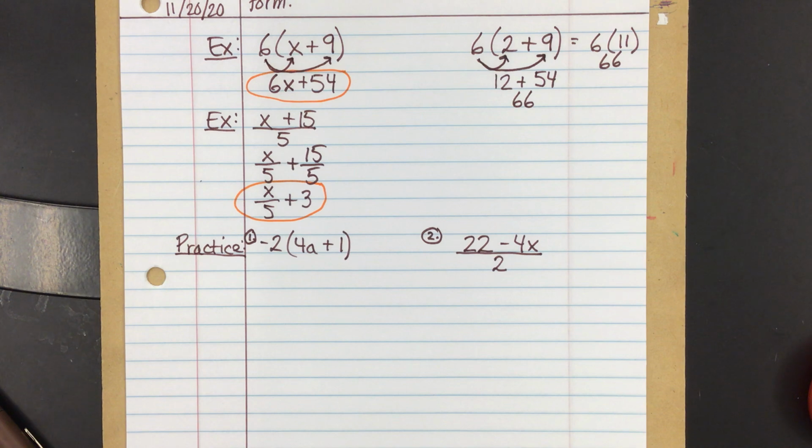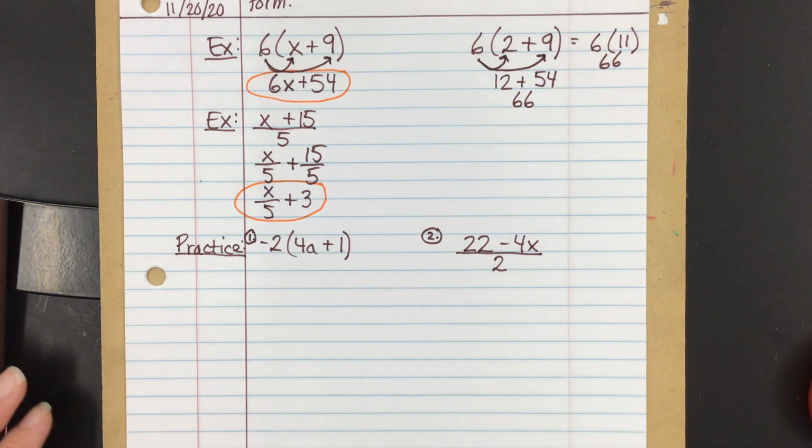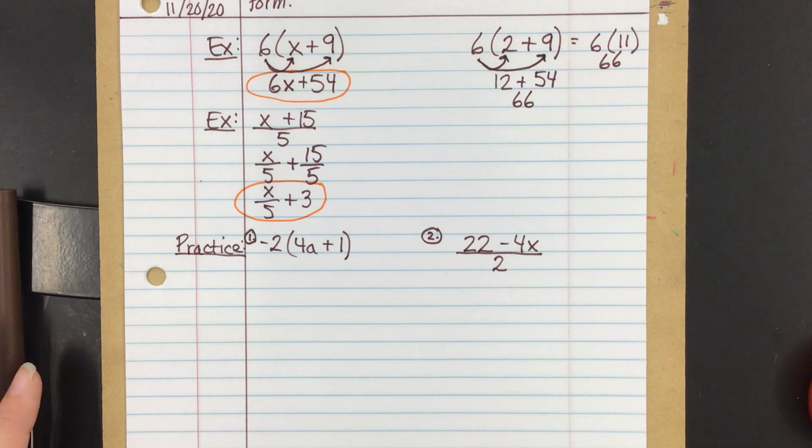How you guys doing? Does anyone want to share what they got for this first one? What'd you get, Shauna? -8a minus 2. Okay, and what'd you get, Dakota? So you did -8a plus a -2.